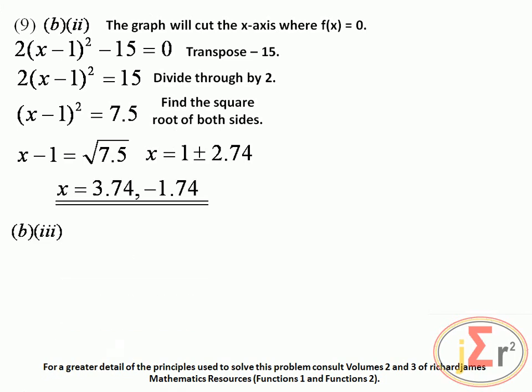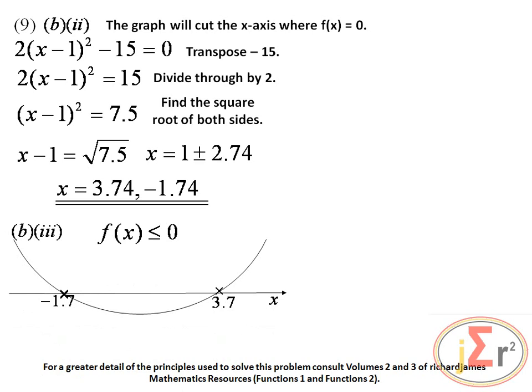Now we need to also determine the values of x for which f of x is less than or equal to 0. So we are sure that this is our situation where we are looking for f of x less than or equal to 0. That is where the curve is below the x-axis.